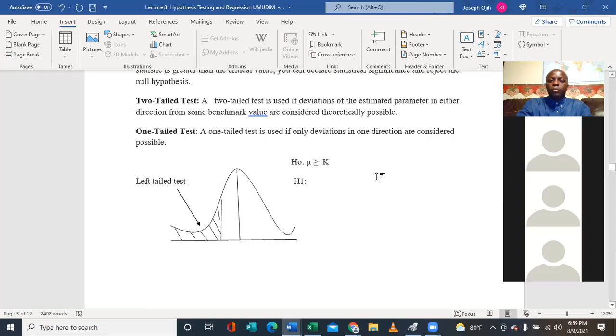H1 will be the mean or the proportion, whatever you're testing, is less than K. So less than in the alternative always goes to the left-tailed test.